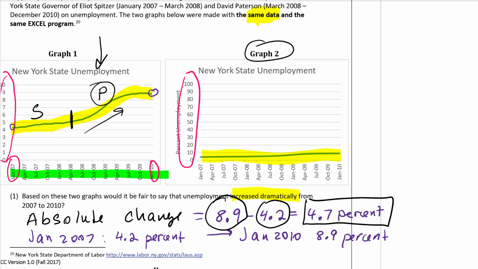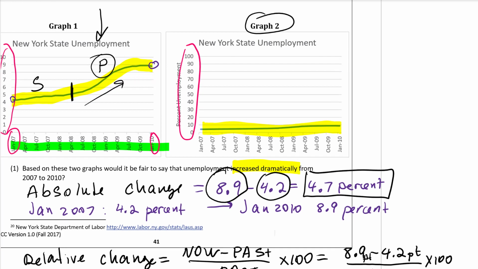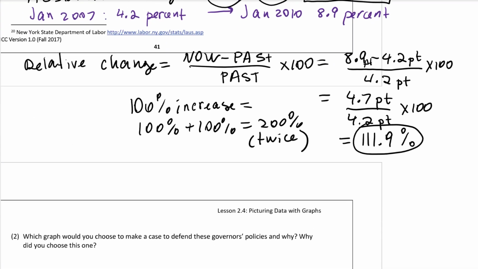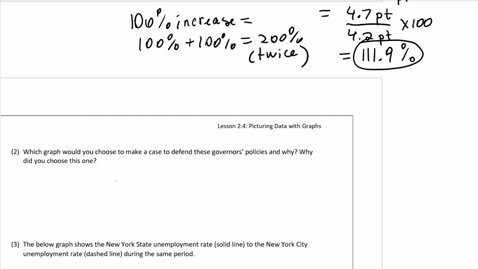You can see the numbers rise from about 5% to about 9%, while for Spitzer it started at 4 and ended at 5, so it's a much lower increase. But again, the recession of 2008 would explain that higher increase for the period from 2010 to 2008. So here we're going to put graph number 2 because it shows that things are more or less flat.